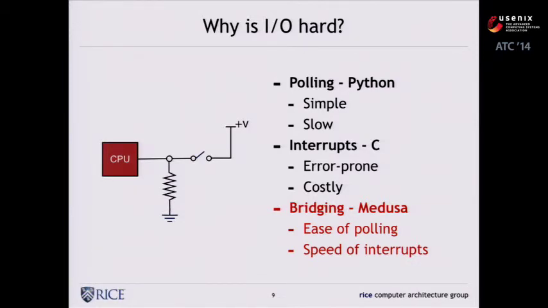It's simple, it's easy to wrap your head around, but it's very slow. Generally, when people are building production products, they write hard-coded interrupt handlers. And that's faster, but people screw it up. So we're introducing a third technique we call bridging that basically gives you the advantages of both.